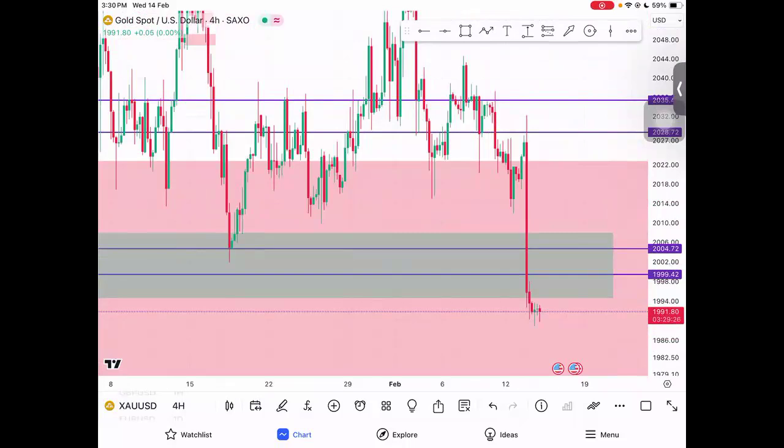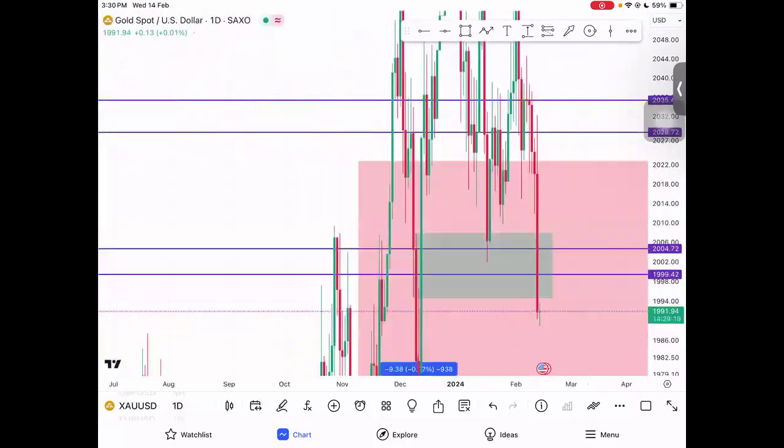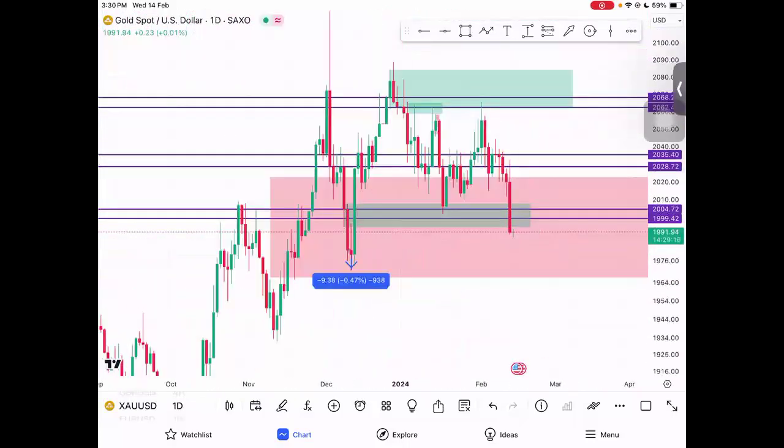So now price will be sideways for this week before it returns back up. From here, we will be sideways on H4, going up or going down. Then both, then going up.